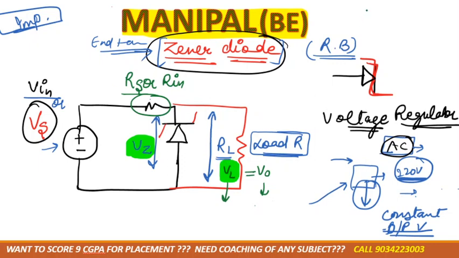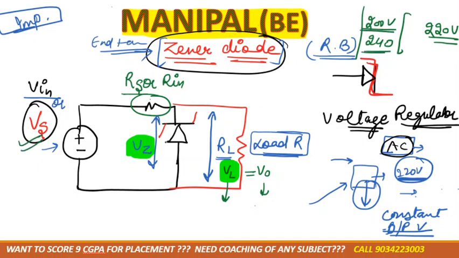As in the example, the load voltage is constant, which we require as 220 volt. Sometimes the input voltage can be less, like 200 volt, or more, like 240 volt.